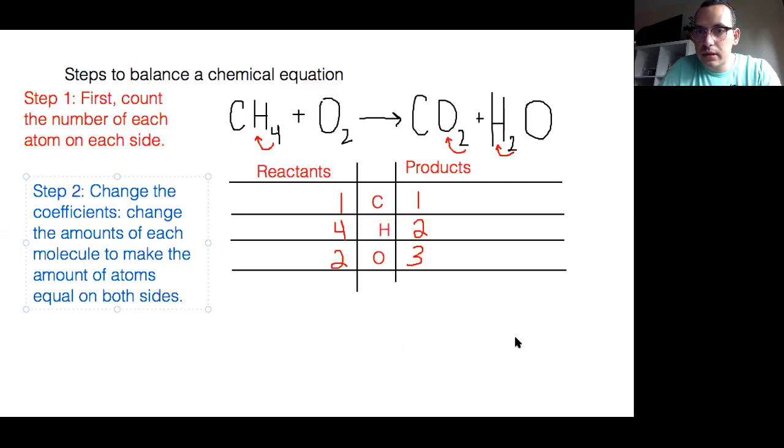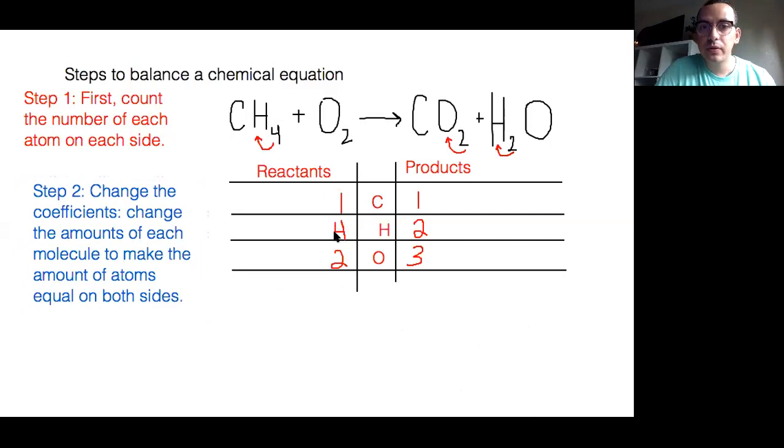In blue, we're going to balance out both sides. So balanced equations, it's about these reactants.